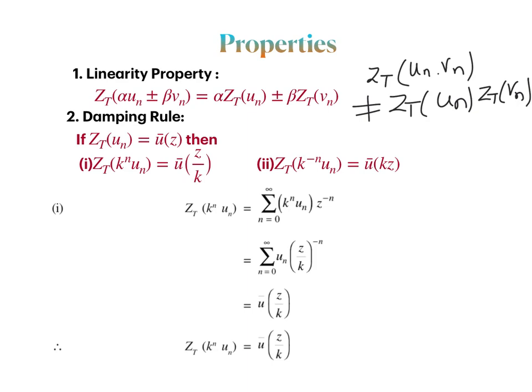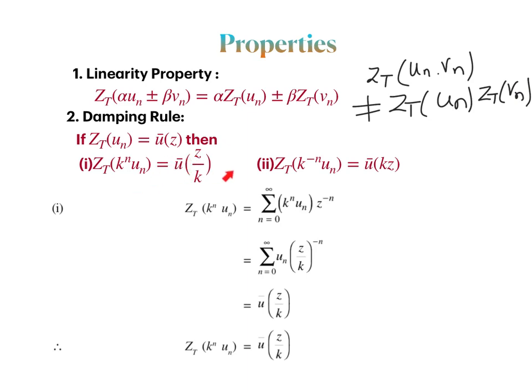Next we have one important property, called the damping rule. We have two damping rules. If Z transform of Un is U bar Z, which is the definition, because operating Z transform on the nth term we get the Z term. Then what the damping rule states: Z transform of k power n into Un, for example k is some value like 2 power n into some nth term, is U bar of Z by k.